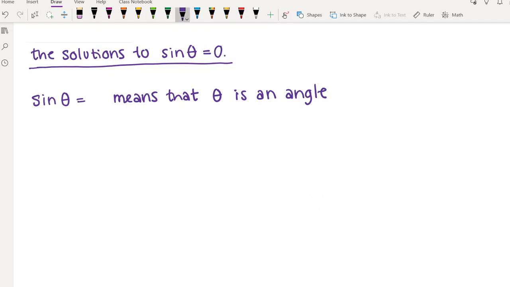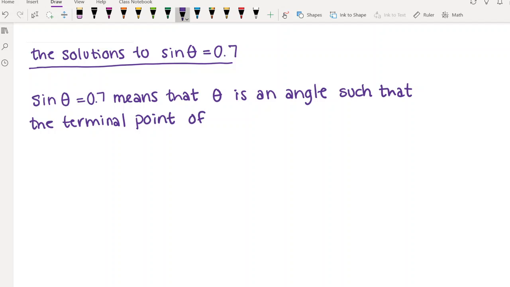So let's say, for example, we have sine of theta is equal to 0.7. Okay, so if you have an equation that says sine of theta is equal to 0.7, that means that theta is an angle such that the terminal point of theta has a y-coordinate of 0.7.